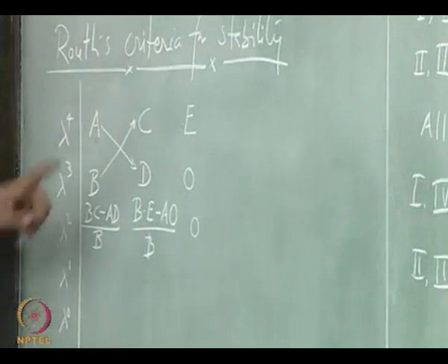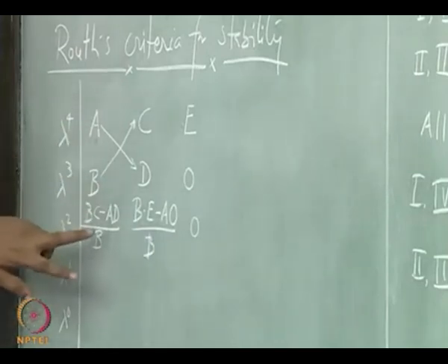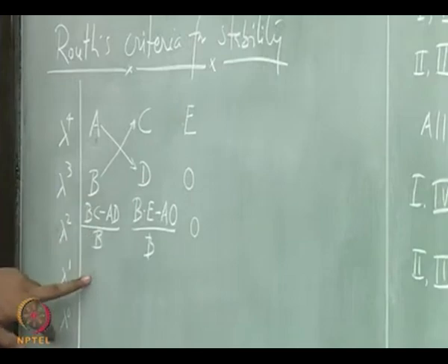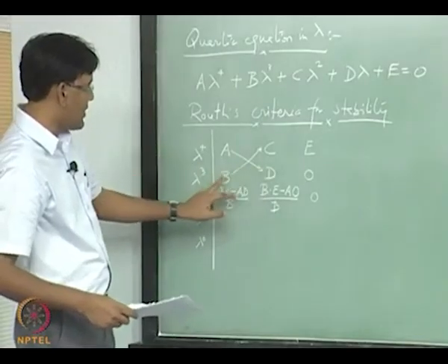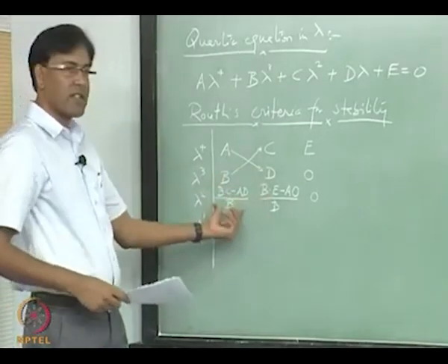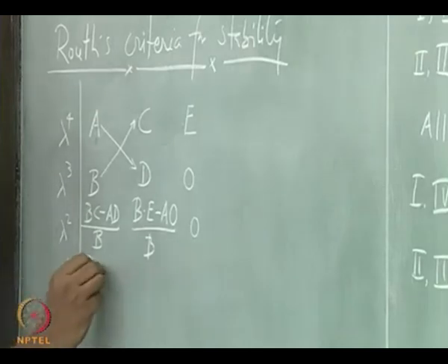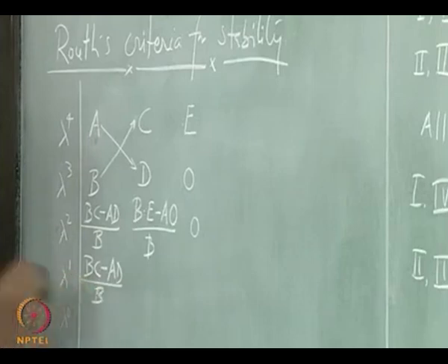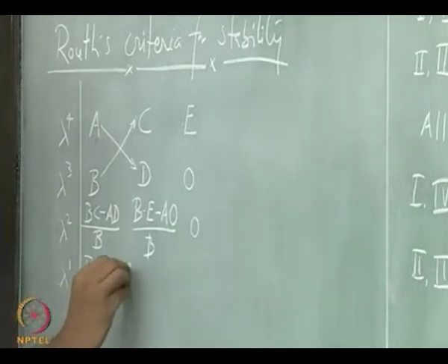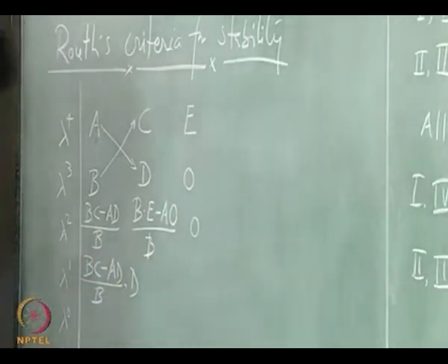Now, repeat this exercise. Now, the first element of this is going to be this into this minus this into this over this, right. So, let us try to write that: BC minus AD over B into D minus, so this is E because A into 0 is 0.